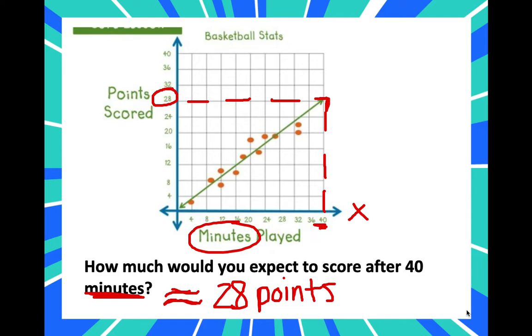As you see, some of the dots go above the line, some of the dots go below the line. That's okay. It's still 50-50. All right. Any questions about this? This is just reading a graph like you've done in 7th and 6th grade. Okay, we should be doing pretty good right here.